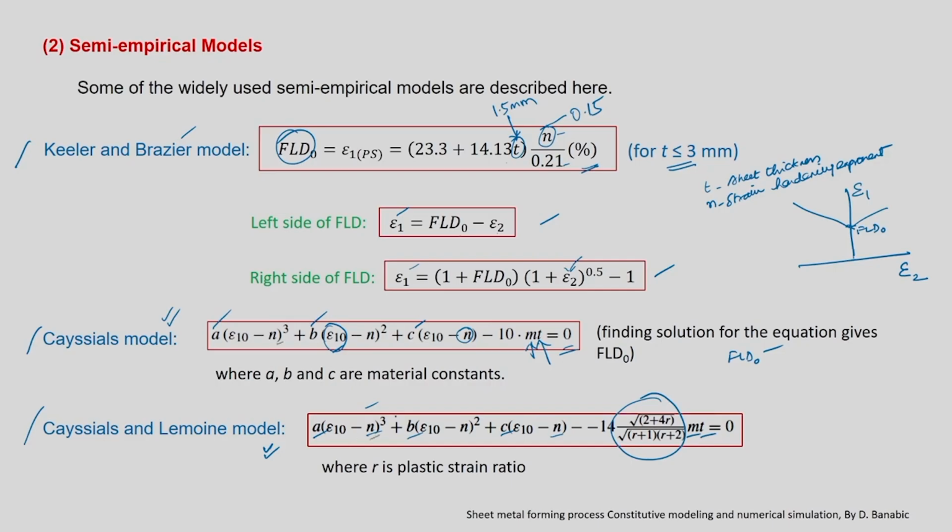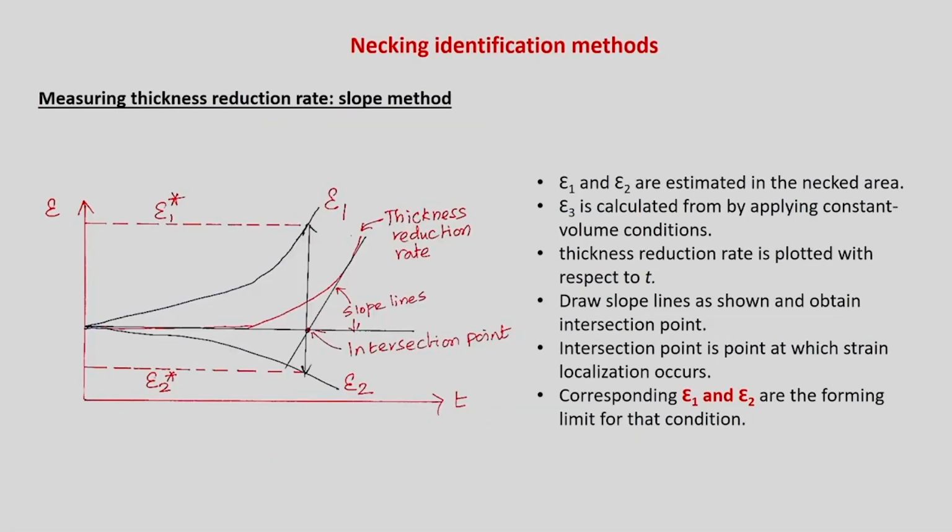The cubic part is the same, the square part is also the same, and this part is also the same. Minus, in place of mt you have R. If you put R equal to 1, you may check whether it leads to the same or a similar equation, where R is the plastic strain ratio. You can check it. So, these are certain semi-empirical models available to us.